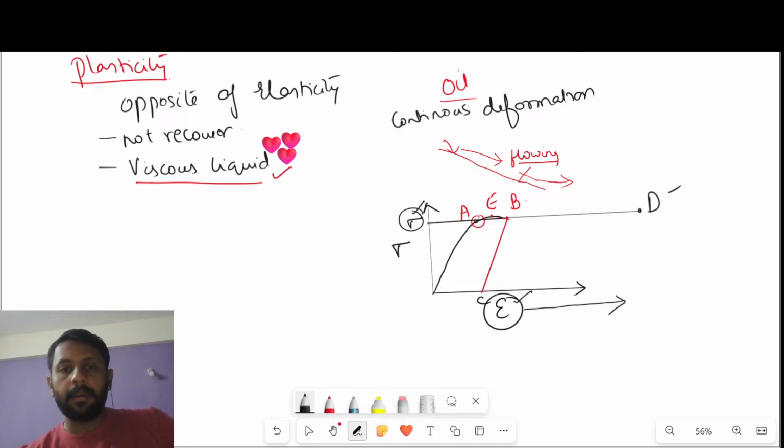I think you must have played with chocolate covers during your childhood, where you try to expand the chocolate cover. In the beginning, the chocolate cover will not expand. If you have not tried it, you try it now or tomorrow.